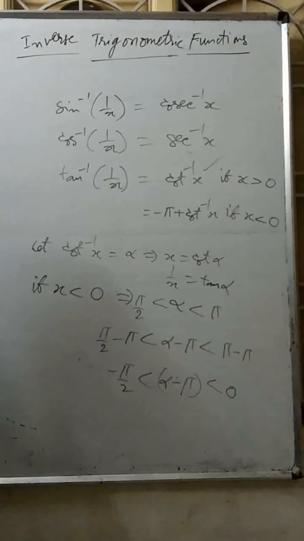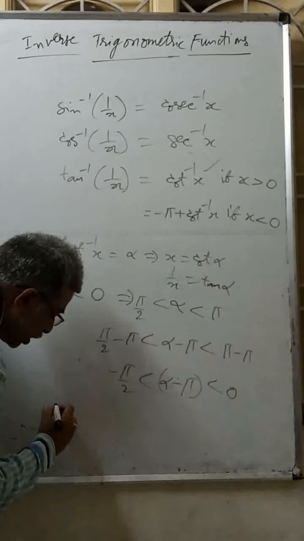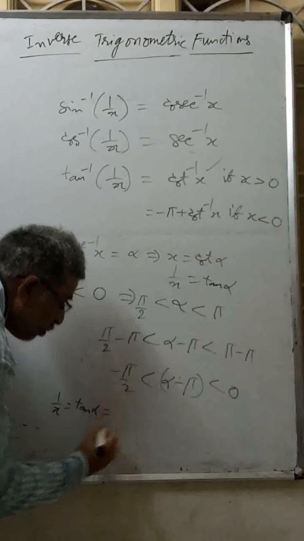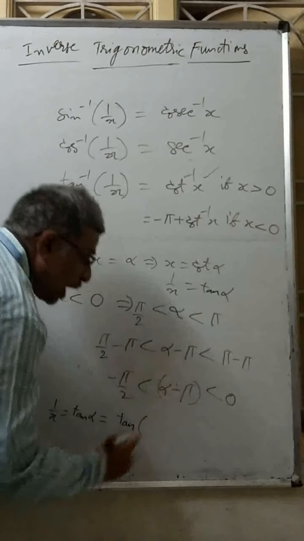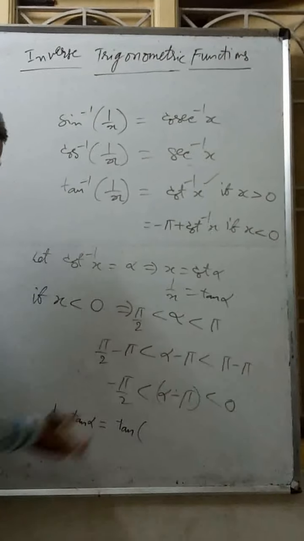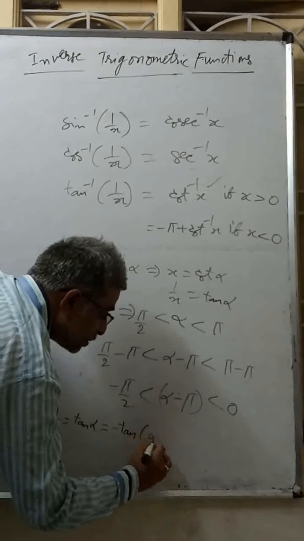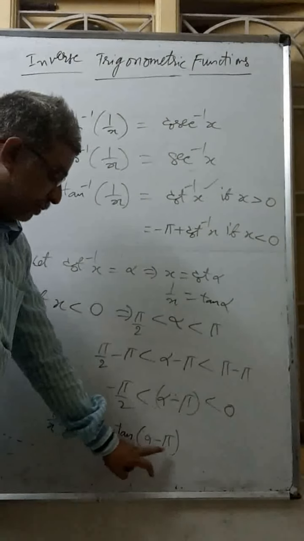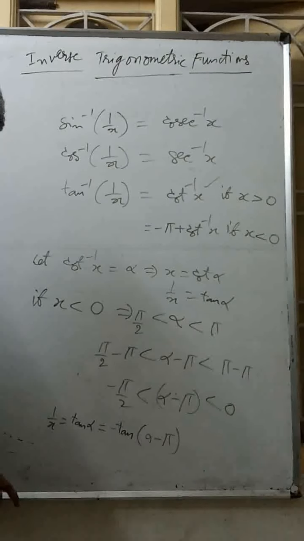Now 1 by x equal to tan alpha. We'll write one more step. Tan alpha, how can I write it? Tan of pi minus alpha is minus tan alpha.